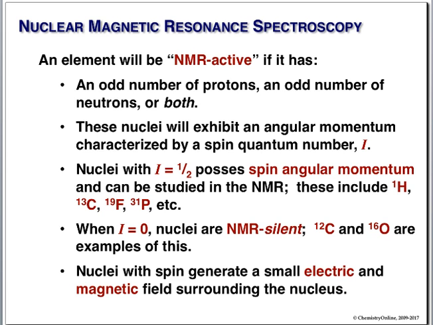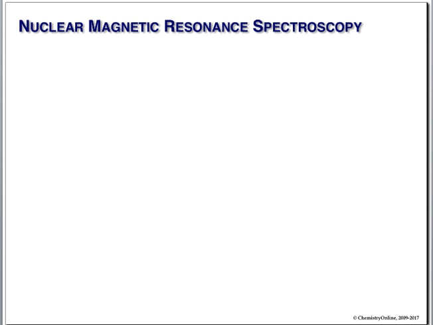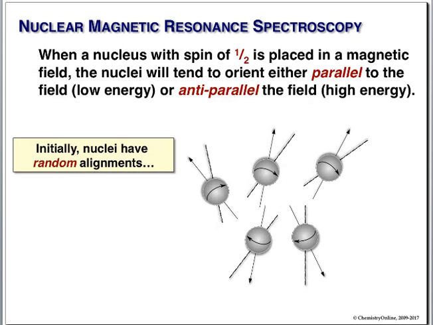If you imagine that the nucleus really is a charged body and it is spinning, you can easily imagine that it will generate a small electric and magnetic field. In NMR, we're going to take these nuclei that are supposedly spinning, and we're going to align them in a magnetic field.